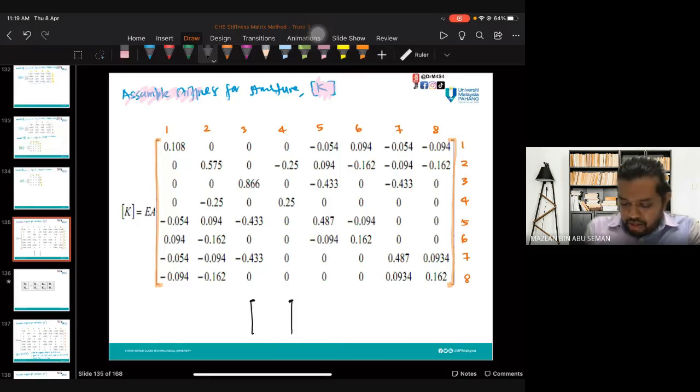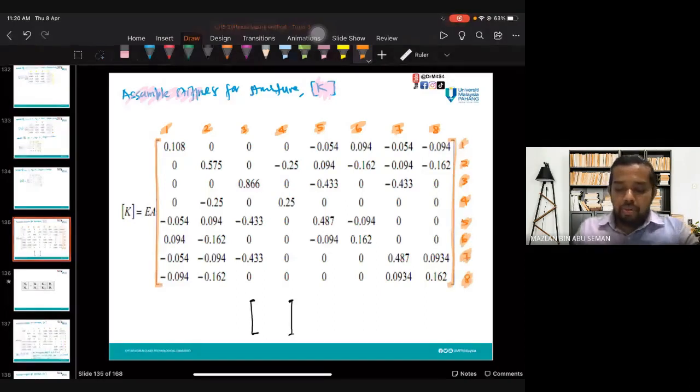This refers to a matrix. Okay. So we know we have 4 nodes. That means our matrix size for K is 8 times 8. So you have 1 to 8 for columns, and 1 to 8 for rows.